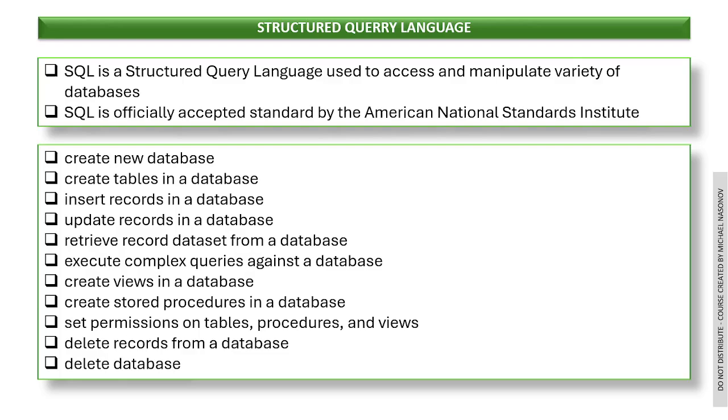The answer is everything: create a new database, create tables in a database, insert or populate records in a database, update specific records in database tables, retrieve a record dataset from a specific database table, execute complex queries against a database or tables, create views in a database, create stored procedures which use parameters in a database.